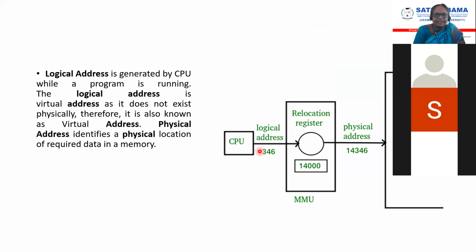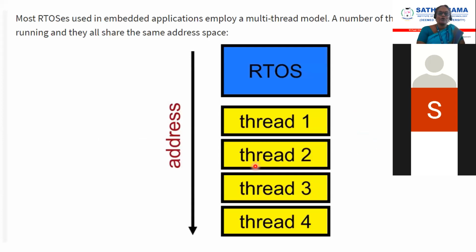My CPU has a logical address, and the MMU, the memory management unit, gives an offset address. If I combine my logical address and this offset address, I get my physical address, where I get the data from the particular memory. That is why I am talking about logical and physical addresses. First, all threads share the same address.